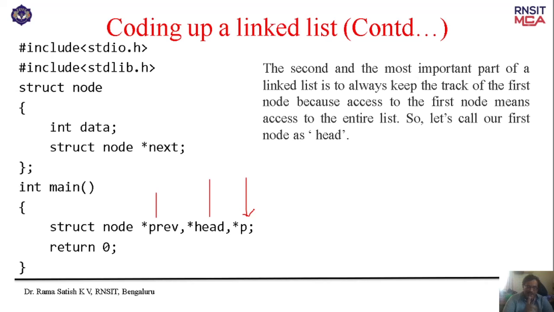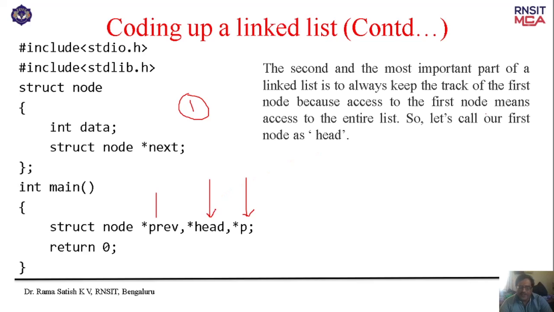The first part is to create the structure, which we have already done. The second and most important part of the linked list is to keep track of the first node, because access to the first node means access to the entire list. So you have to create a head pointer.